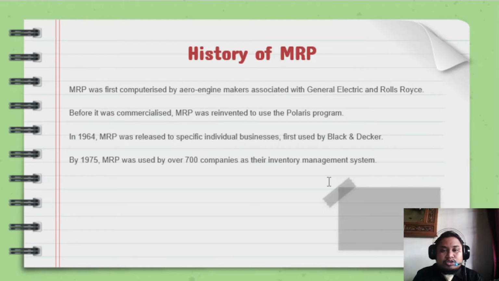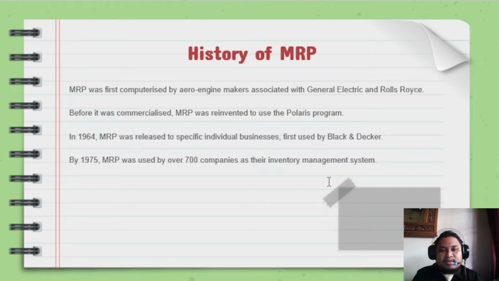MRP was introduced to respond to the Toyota manufacturing program, which was developed and used by Toyota. So in this case, it is about the competition. To stay relevant in the competition, MRP was reinvented and introduced in the business.